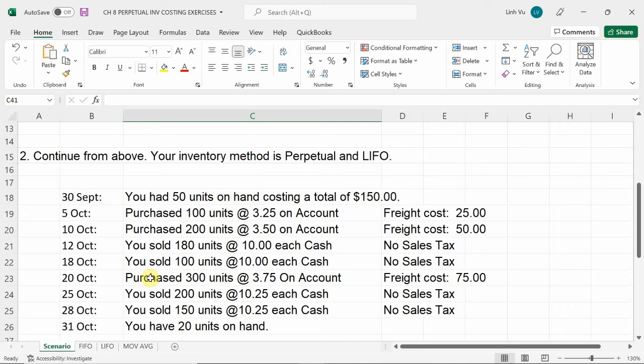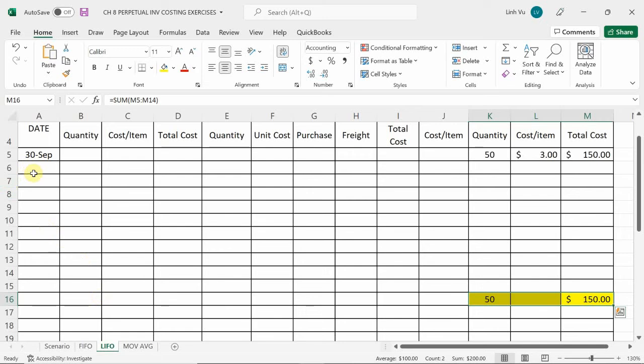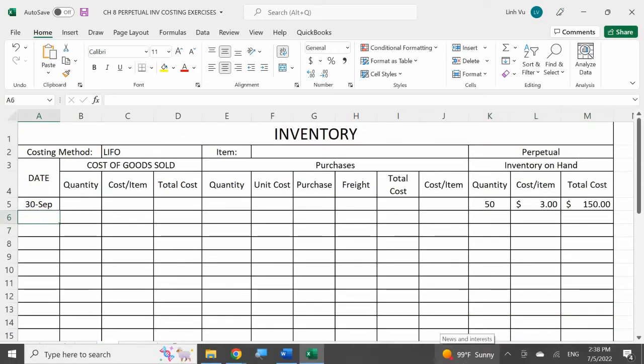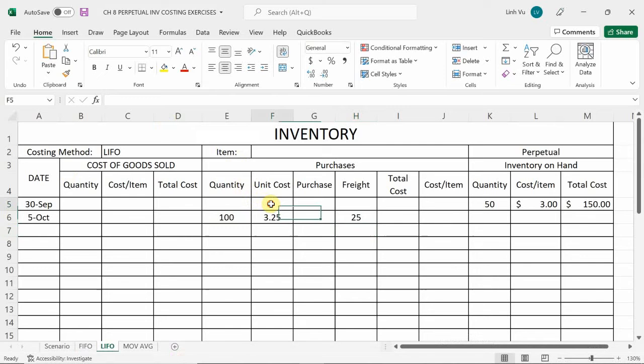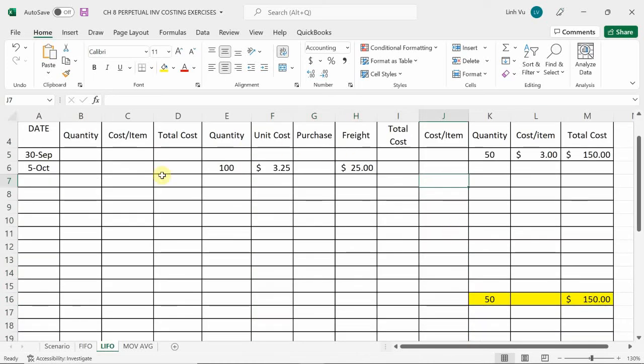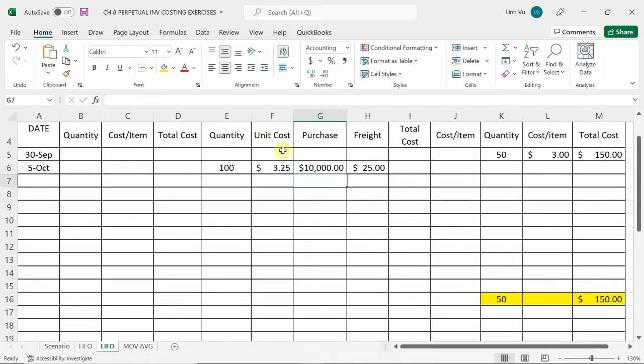So in this case, what is my total purchase price here? $325, plus 25, makes it $350.